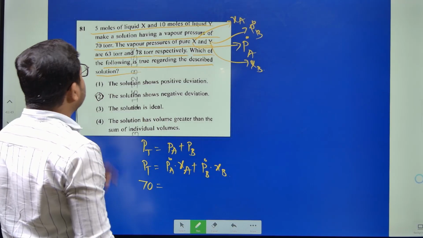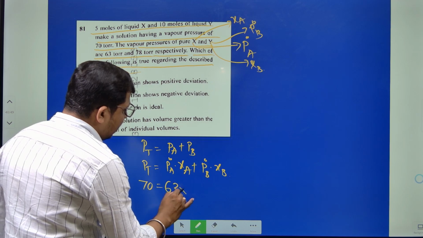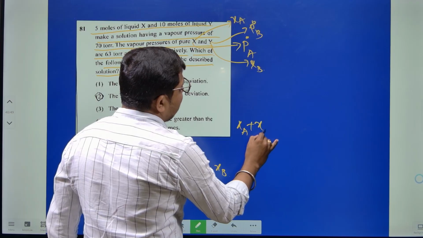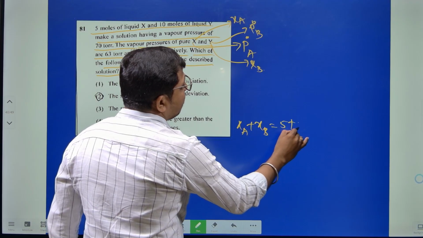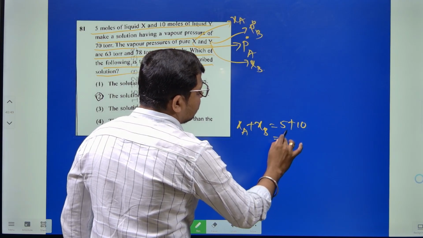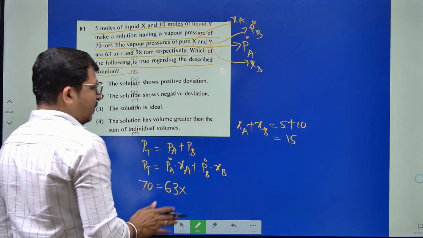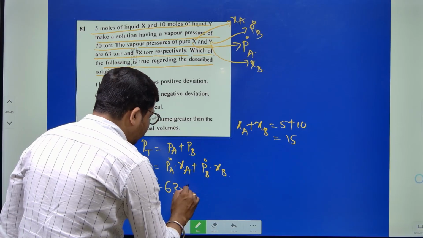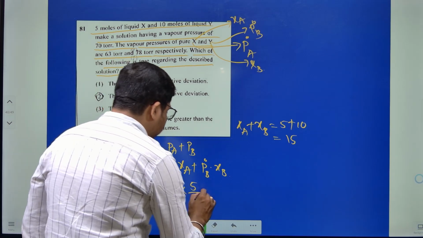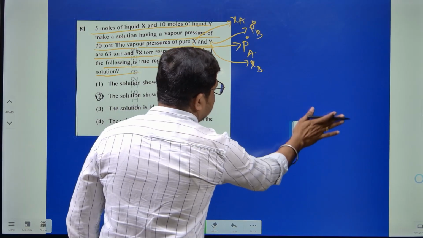P naught A is 63, and the moles are 5 of X and 10 of Y, so the total is 15.